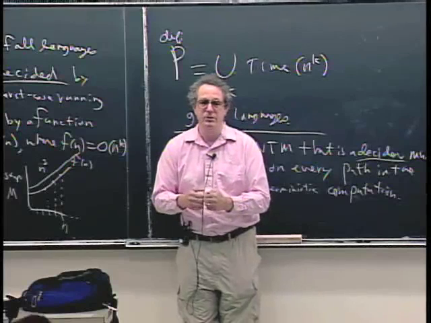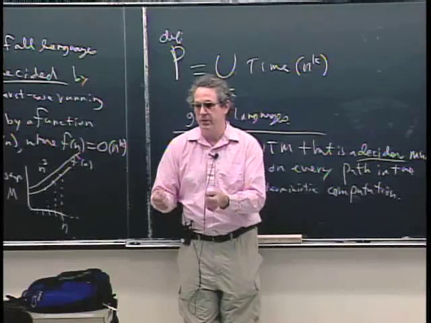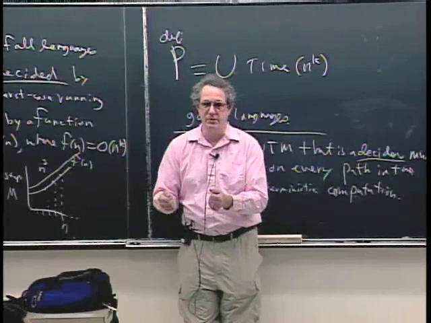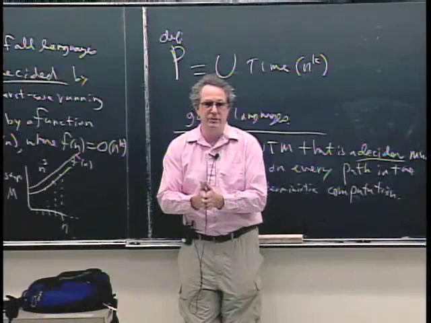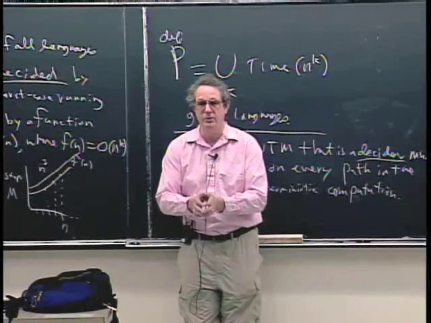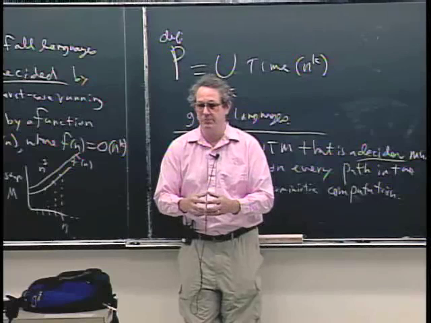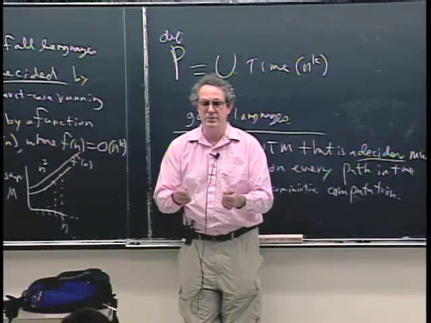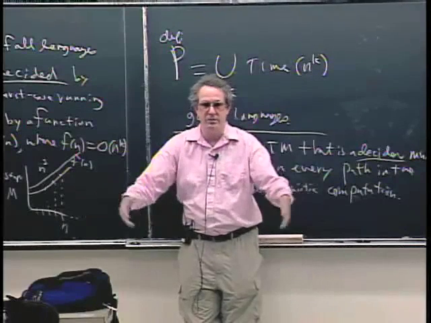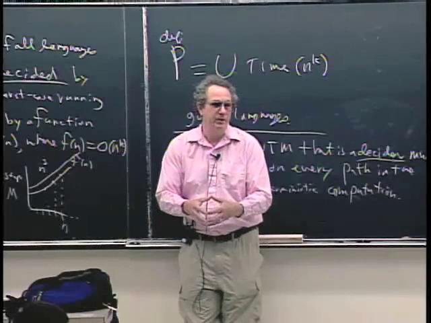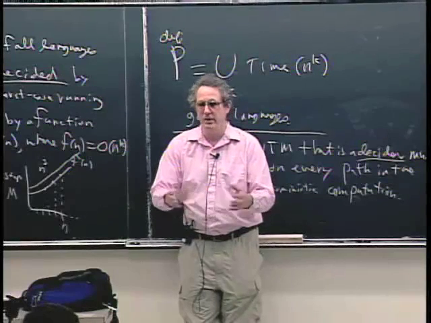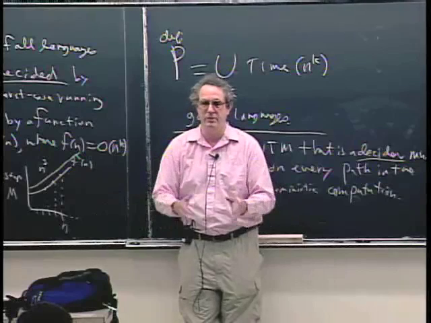As opposed to show it's in NP, you just have to come up with a non-deterministic Turing machine which can do all the things that I said. It decides the language, and its worst-case running time is bounded by a polynomial. But the non-deterministic Turing machine can branch. It can branch at every node of its computation and make guesses and try things in parallel and so on.